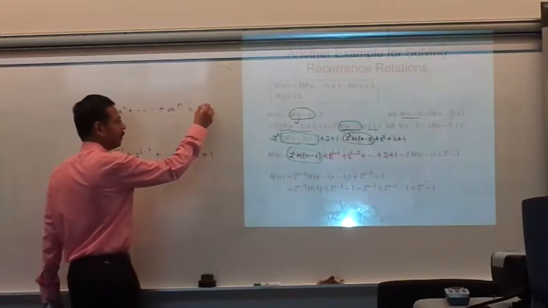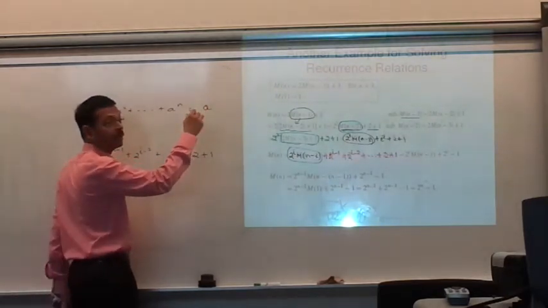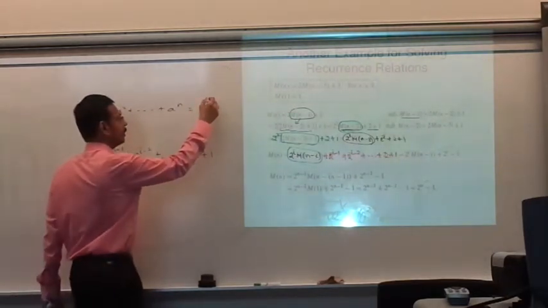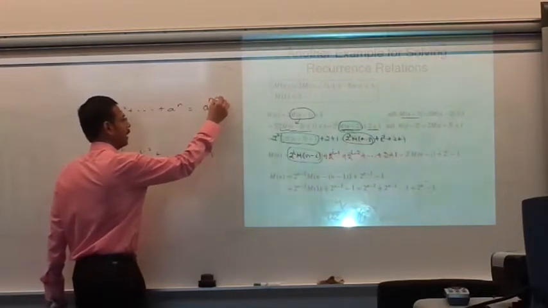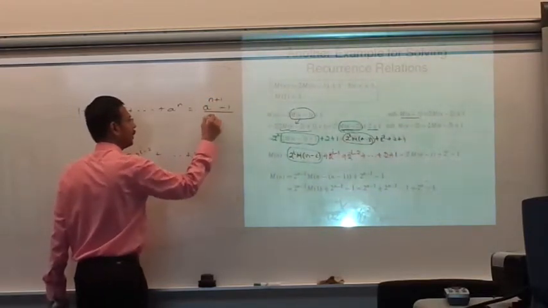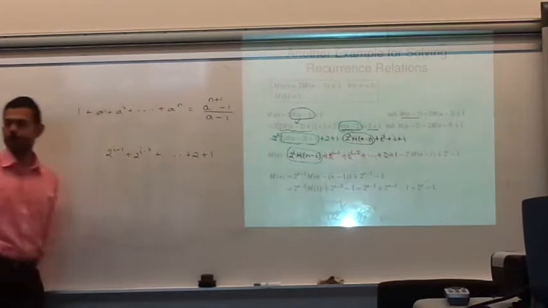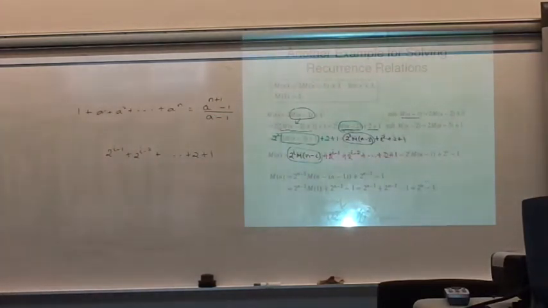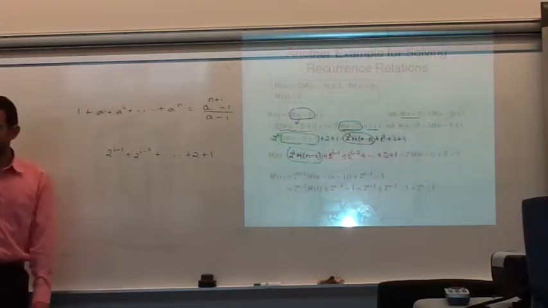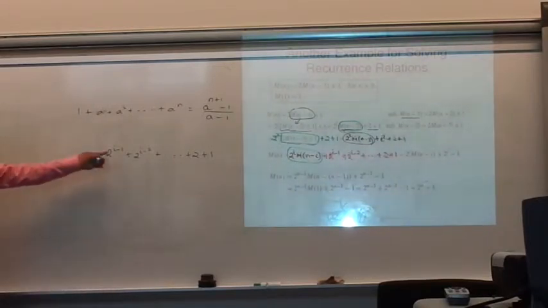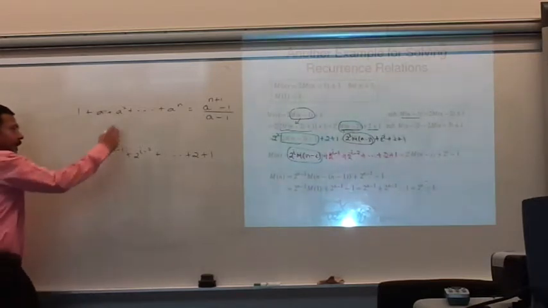A to the what? A to the power n plus 1 minus 1 divided by a minus 1. Okay? So what is our n here? I minus 1. So you have to substitute for n, I minus 1.